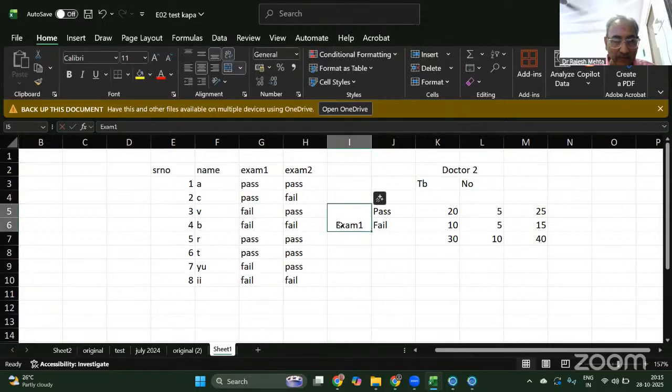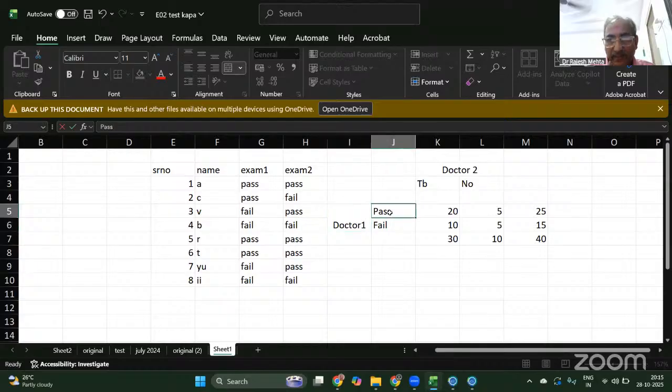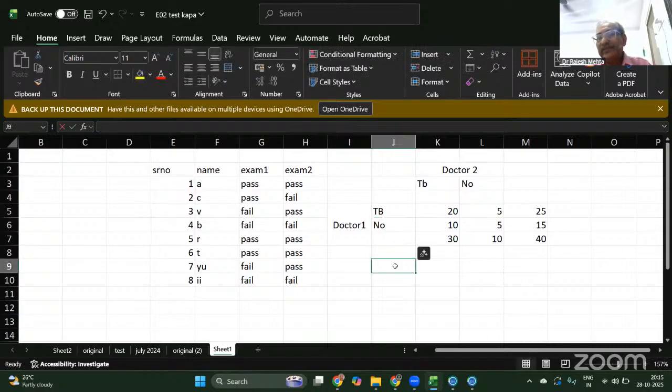Here, doctor 1 and TB yes and TB no. It could be like this. The number of patients may change.